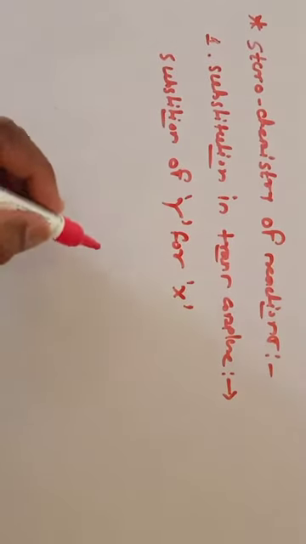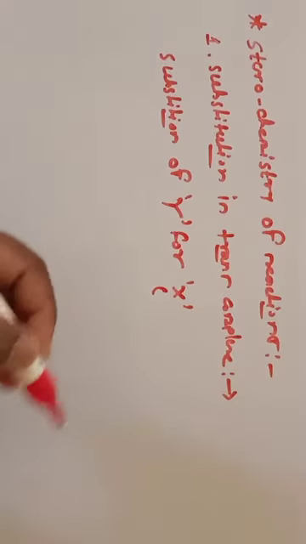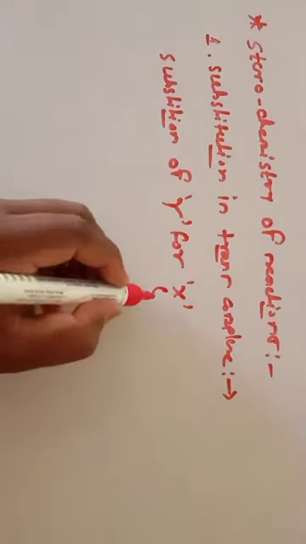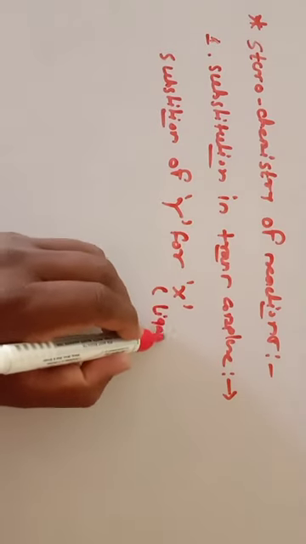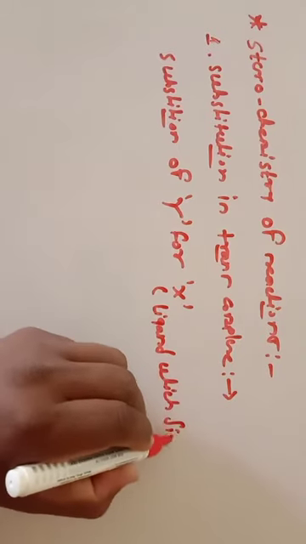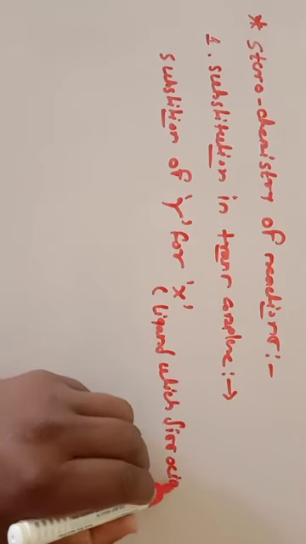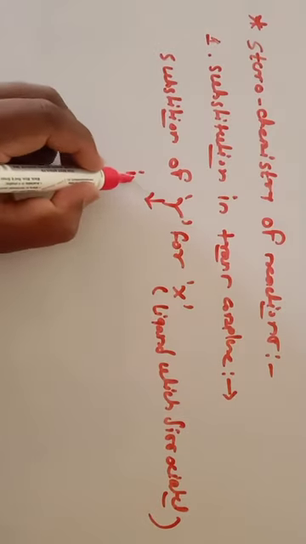Y is your incoming nucleophile and X is the ligand which leaves the complex. X is your ligand which is dissociated, and Y is your incoming nucleophile.